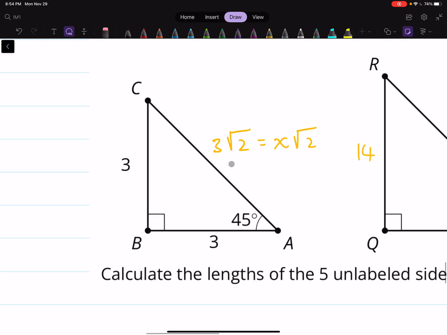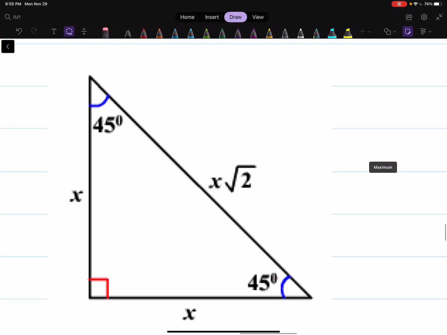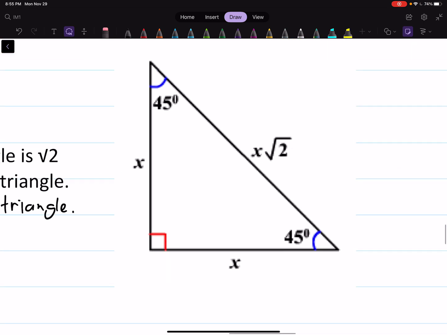And so the answer to, if the length of the leg is 3, then the hypotenuse has to be the length of the leg times square root of 2, right? Because this side, remember, is x square root of 2.